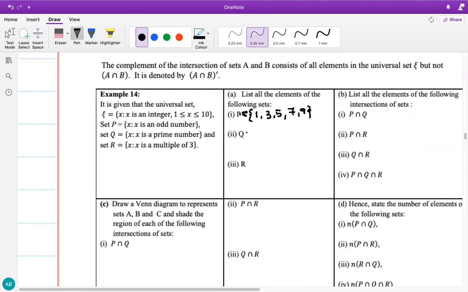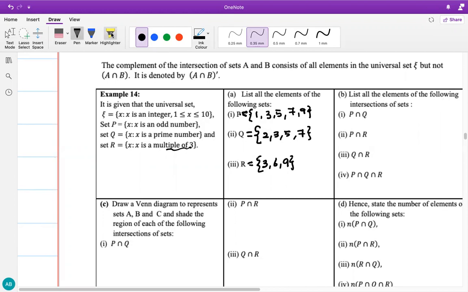For set Q, a prime number, it's 2, 3, 5, 7. And our set R is a multiple of 3, so starting with 3, 6, and 9.